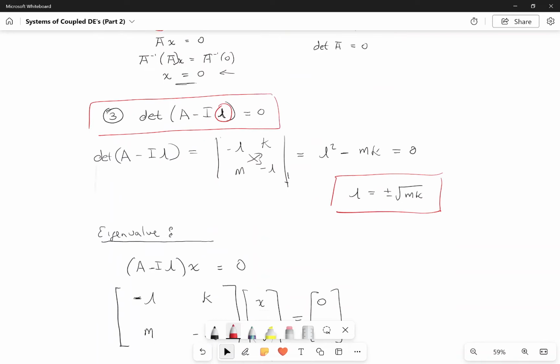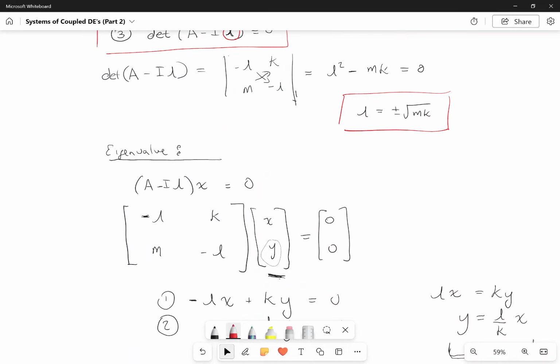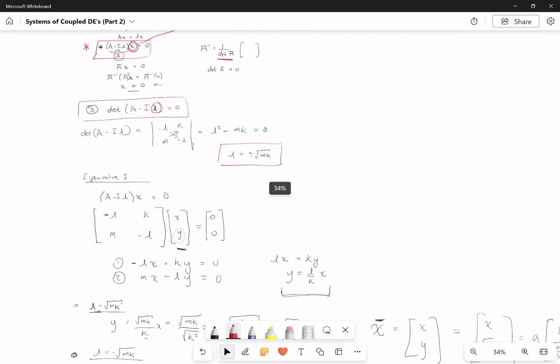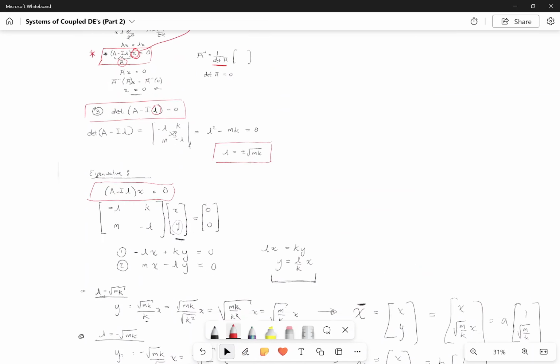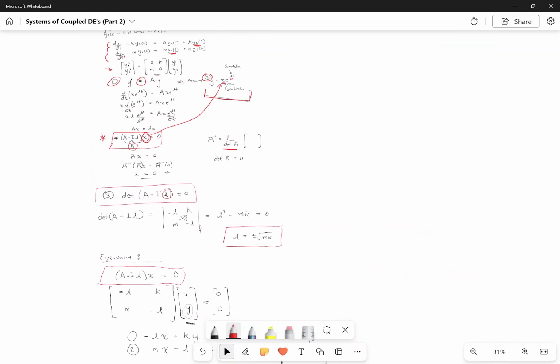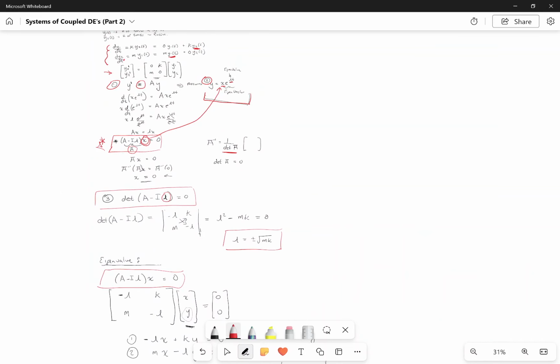Okay, so we solved for the eigenvalues. I need to zoom out a little bit, I think it's too zoomed in here. We solved for the eigenvalues, and then we sub them back into equation 1, this first equation right here.